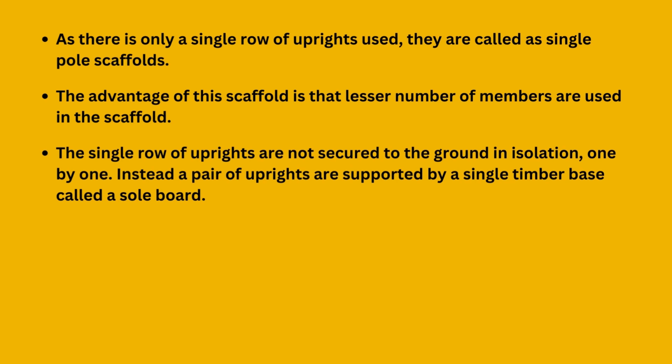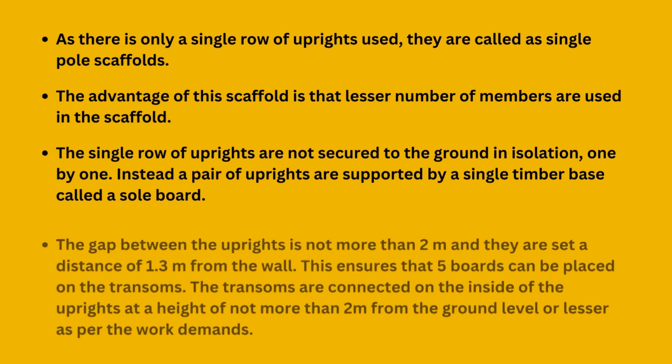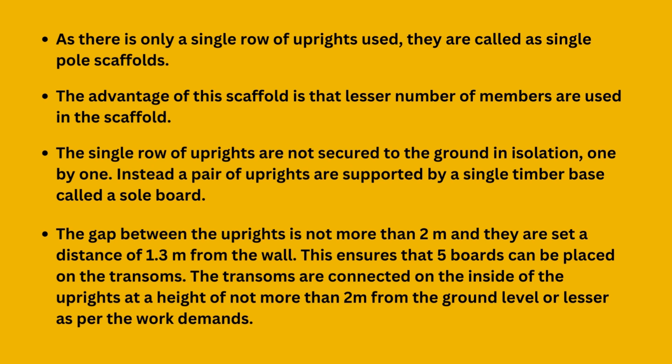Instead, a pair of uprights are supported by a single timber base called the sole board. The gap between the uprights is not more than 2 meters and they are set at a distance of 1.3 meter from the wall. This ensures that 5 boards can be placed on the transom.